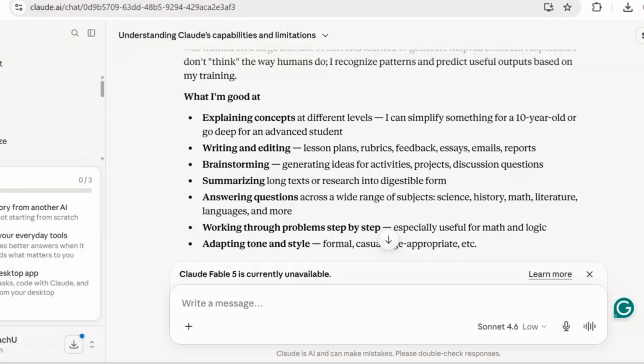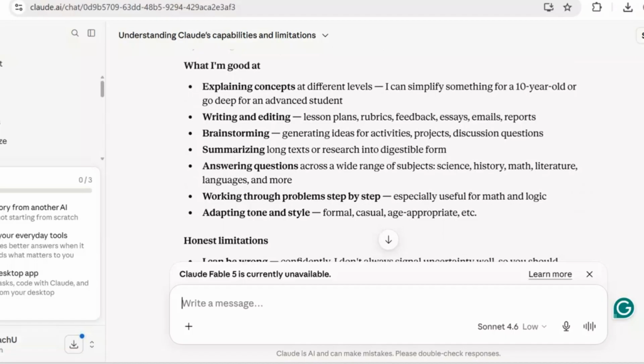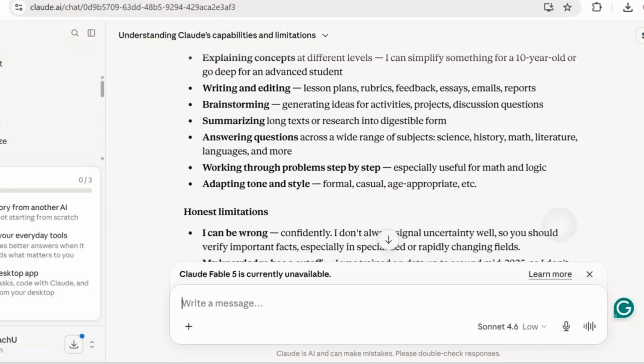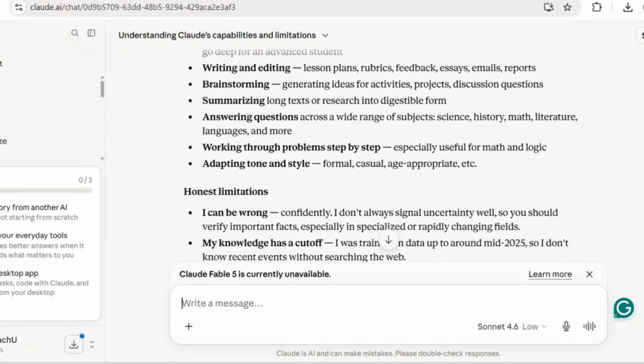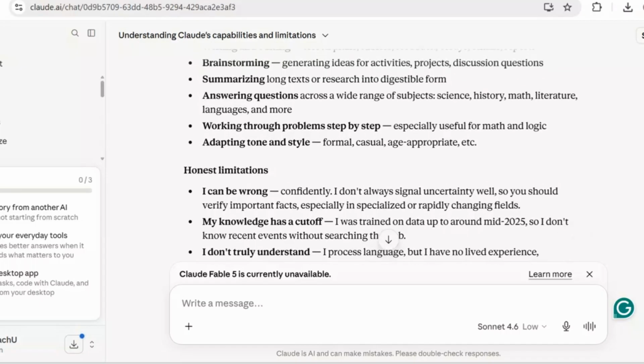So I asked it what it is good at. It is good at explaining concepts at different levels. It can simplify something for a 10-year-old or go deep for an advanced student. It's good at writing and editing: writing lesson plans for teachers, rubrics, feedback, essays, emails, reports. It is good at brainstorming and generating ideas for teachers: activities, projects, and discussion questions.